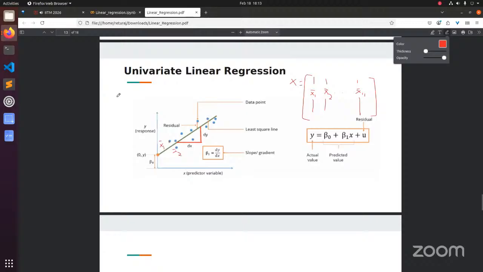Let me just write the x1 vector. What was the x1 bar vector?